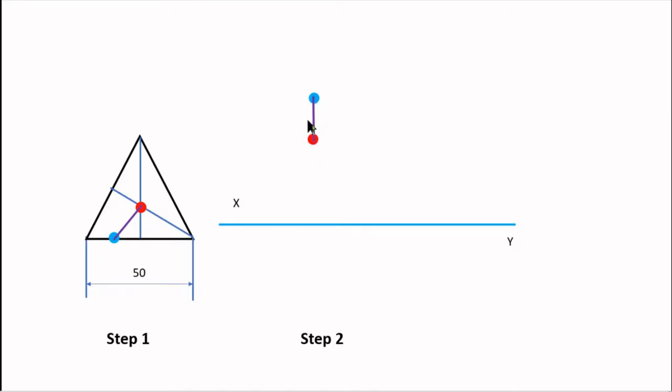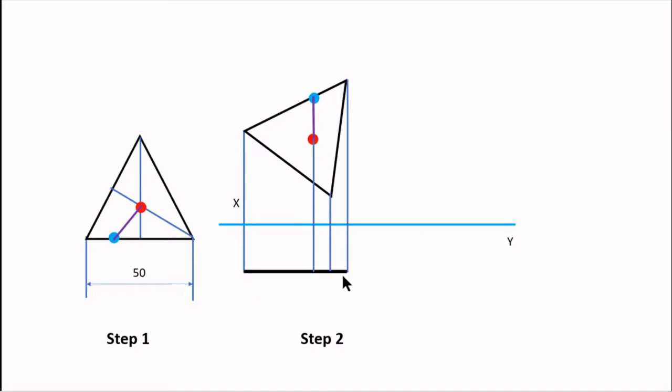So about this line, I'll be constructing this reference figure and I'll be getting the equilateral triangle, which is the true shape. So the front view would be a horizontal line like this, which is parallel to XY.